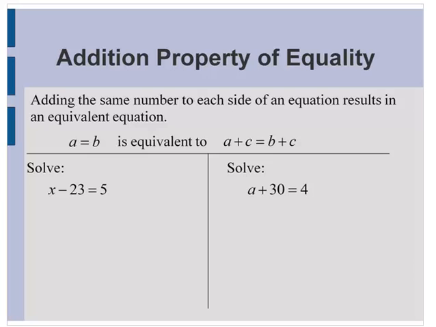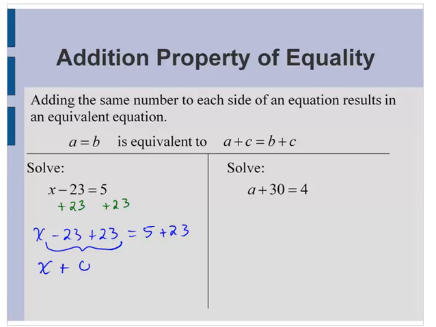So, if I had the equation x minus 23 equals 5, I am allowed to add 23 to both sides of the equation. Now we have x minus 23 plus 23 is equal to 5 plus 23. Now the negative 23 plus 23, well, these are opposites.